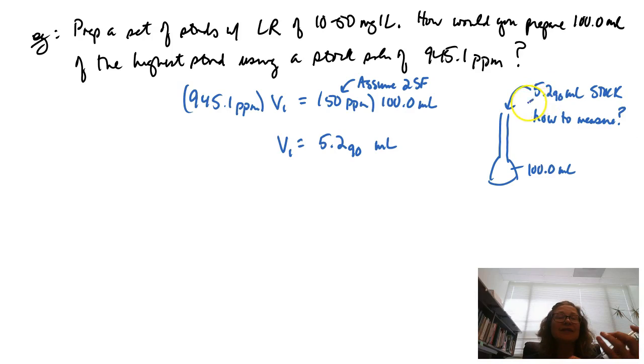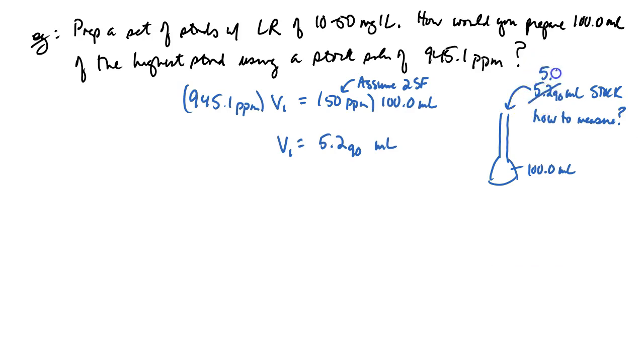So if we decide to deliver 5.00 milliliters of stock solution using a vol pipette, we need to recalculate. So the concentration of our highest standard then is going to be 945.1 ppm. That's our stock.